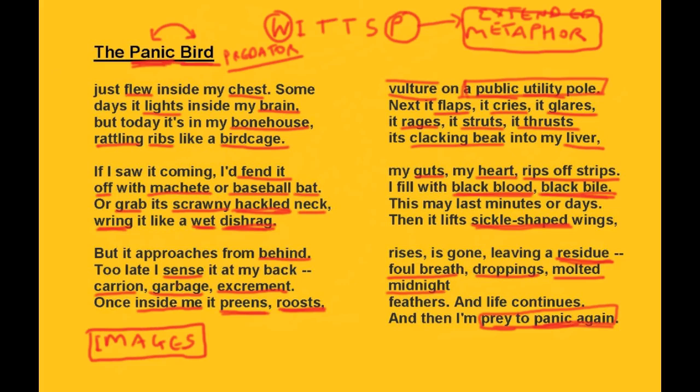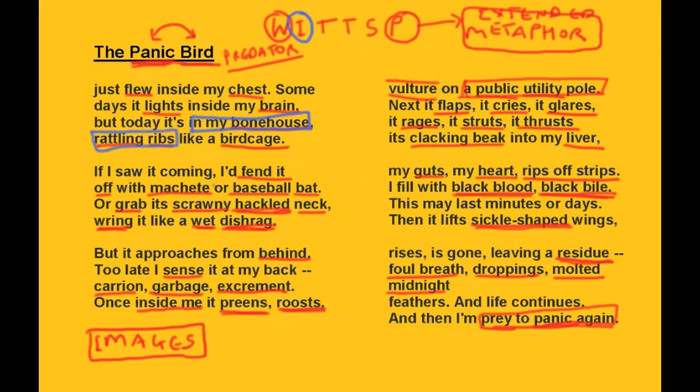Okay, so let's have a look at some of the imagery here. If we look at some of the images, okay, in my bone house, rattling ribs, like a bird cage.